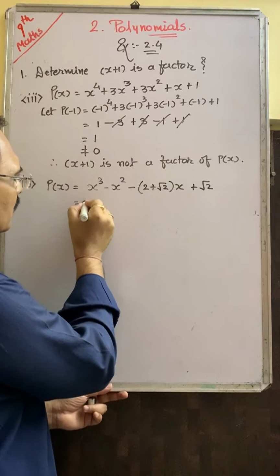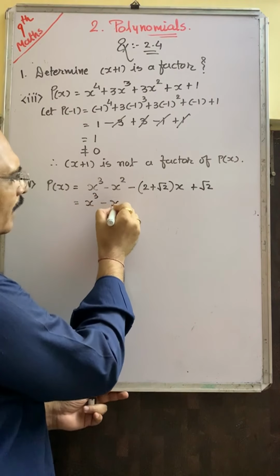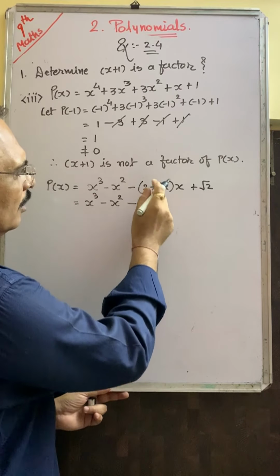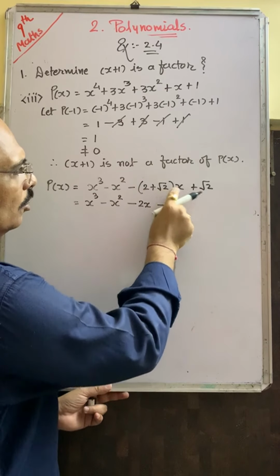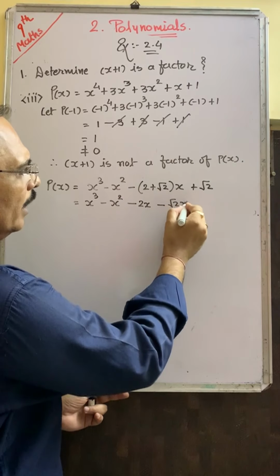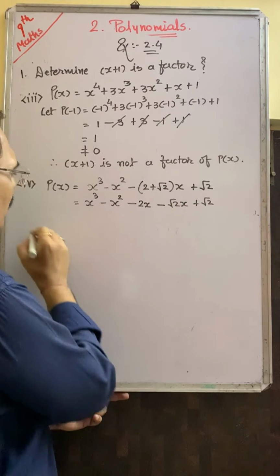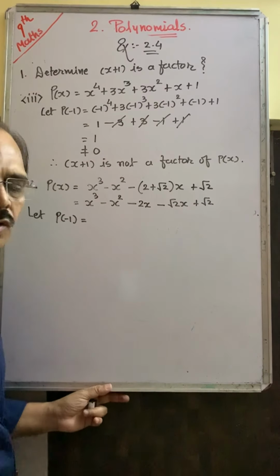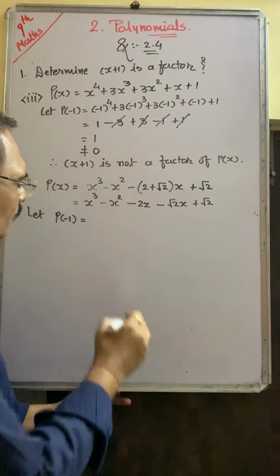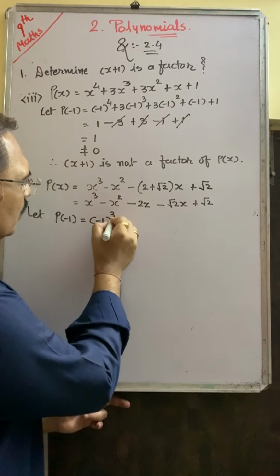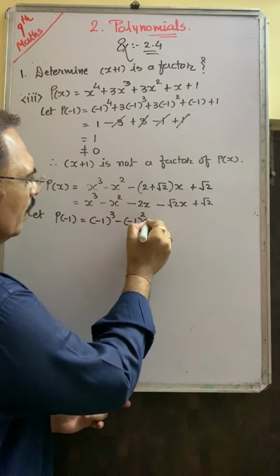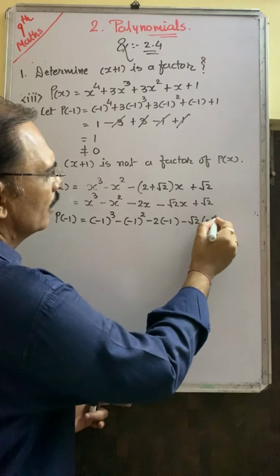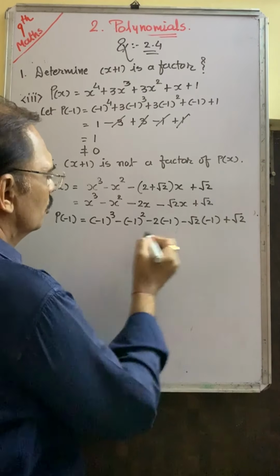So the first step is simplifying: x cube minus x square minus 2x minus root 2 into x, that is root 2 x, plus root 2. Now let the remainder be p of minus 1. Now place the value of x as minus 1: minus 1 cube minus minus 1 square minus 2 into minus 1, root 2 into minus 1, plus root 2.